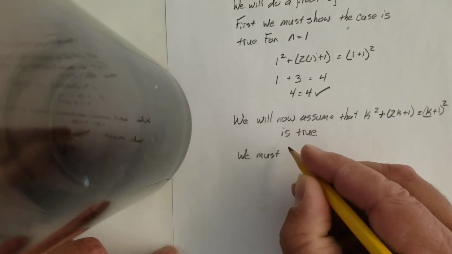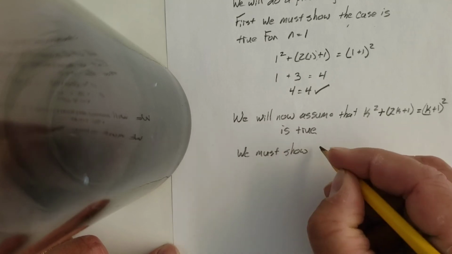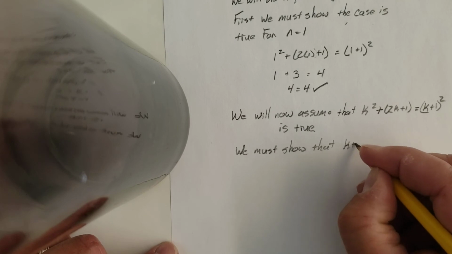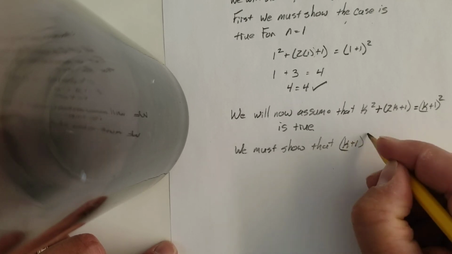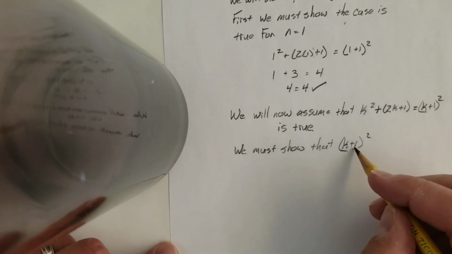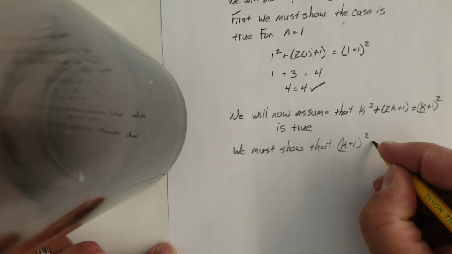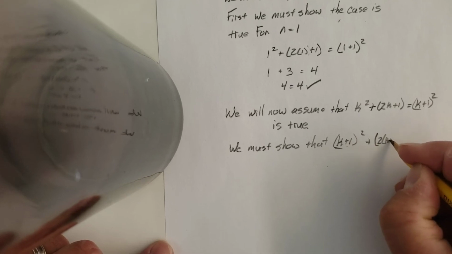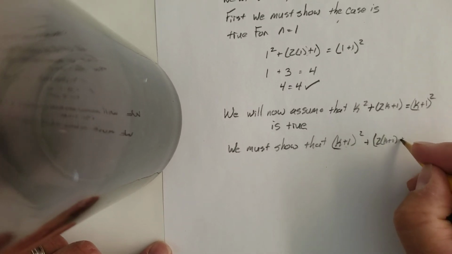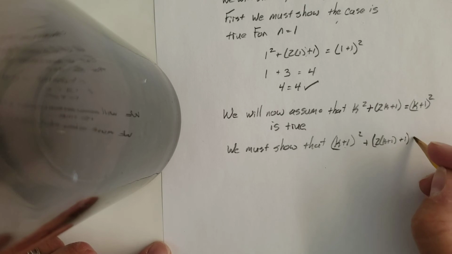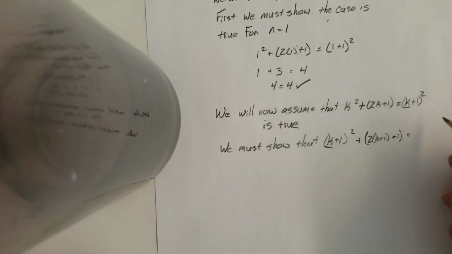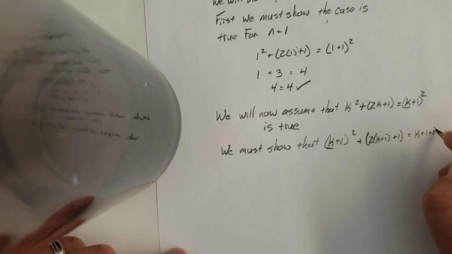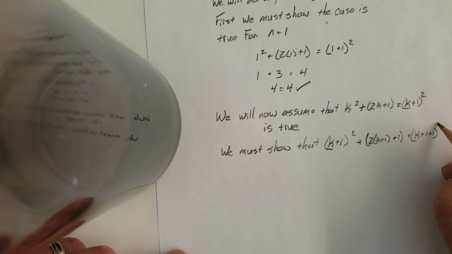We must show that k plus 1 squared, now I'm just putting k plus 1 in where the n's were, plus 2 times k plus 1, plus 1 equals k plus 1 plus 1 squared.